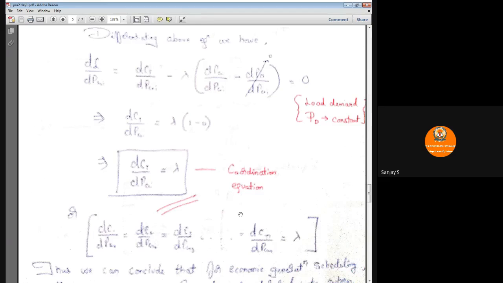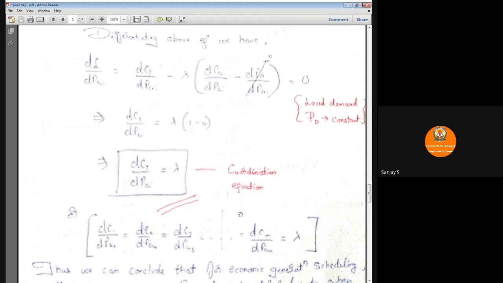If you operate the plant at equal incremental fuel cost, then only you will be getting optimal operation in case 1. Is this clear? Okay. See, in the performance curve, if you remember, you have studied the cost equation. Then, if you take the first derivative, you have got incremental fuel cost, right?